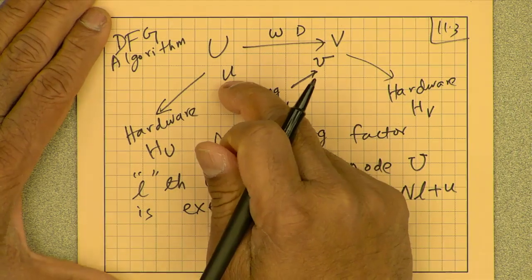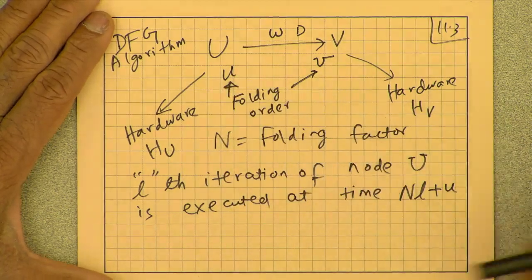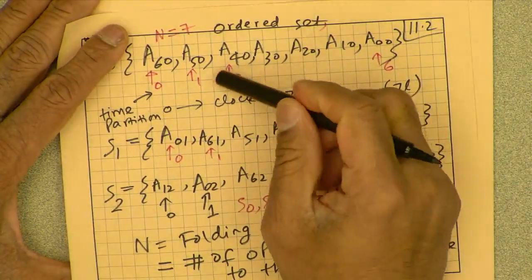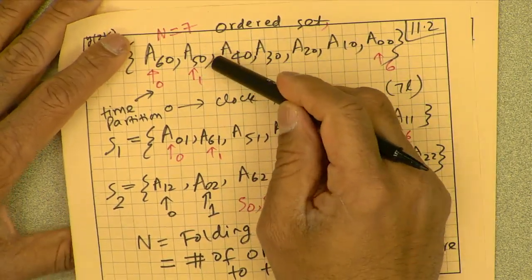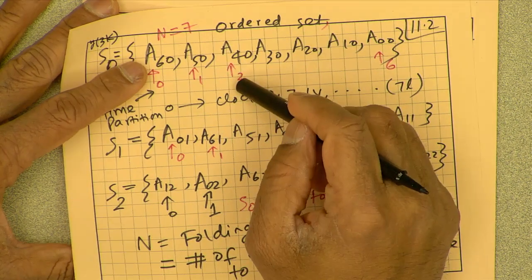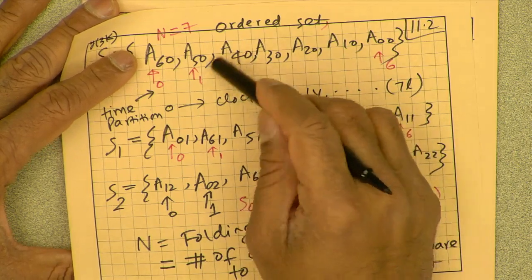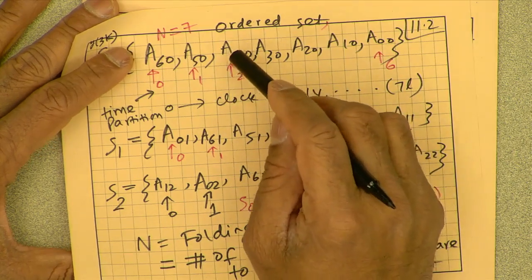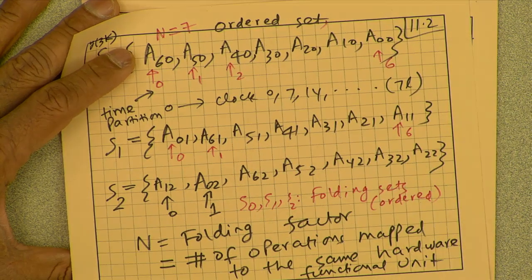If the folding order A40 is 2, then that node will be executed at time 2, 9, 16, 23, etc. So iteration number 0 is executed at time 2. Iteration number 1 will be executed at time 9.